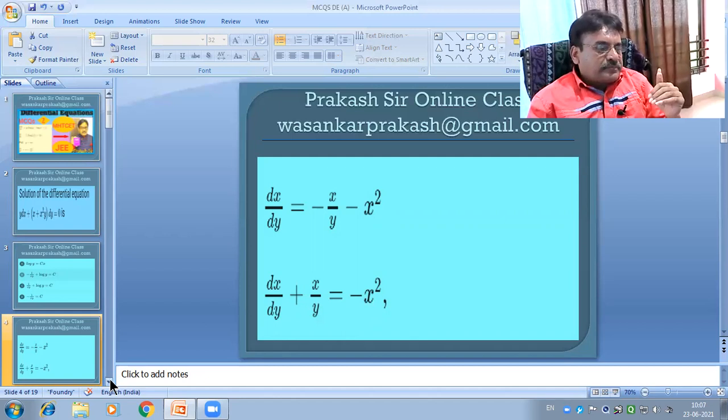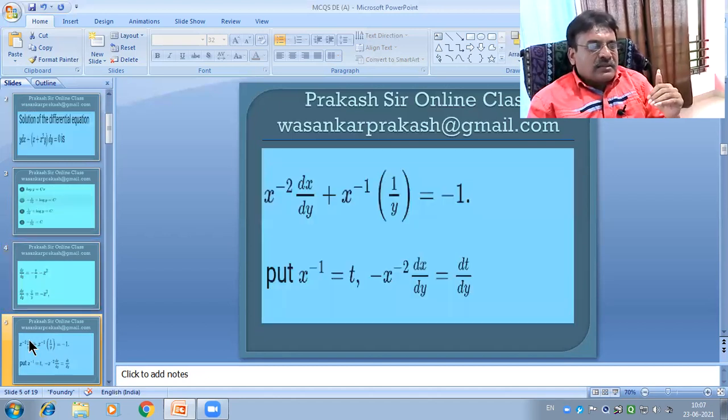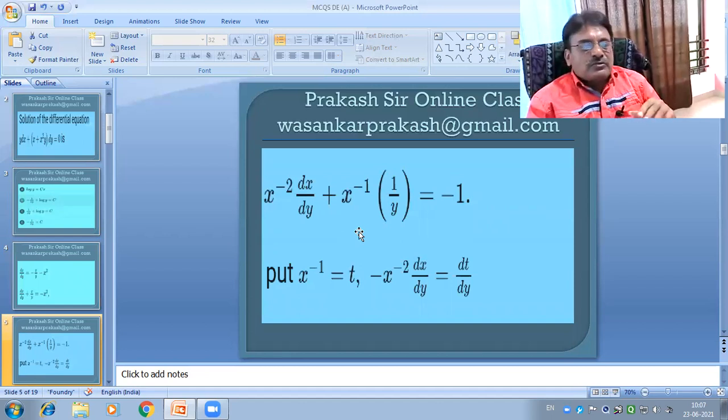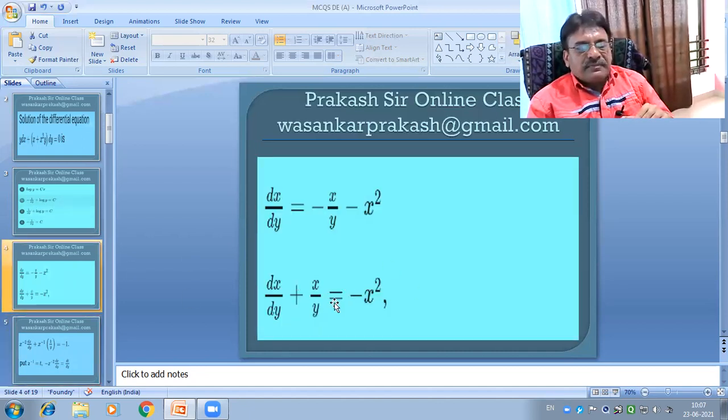So for this we divide both sides by x square, or multiply both sides by x to the power minus 2. So here x to the power minus 2 into dx by dy. Multiply this step on both sides by x to the power minus 2, or divide both sides by x square.